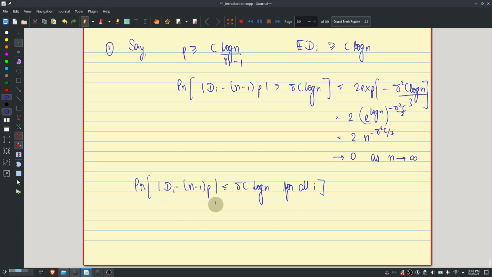It's the same as looking at the probability that di minus n minus 1 times p is greater than or equal to delta times c times log n for at least one i, because this event is simply the complement of that particular event.